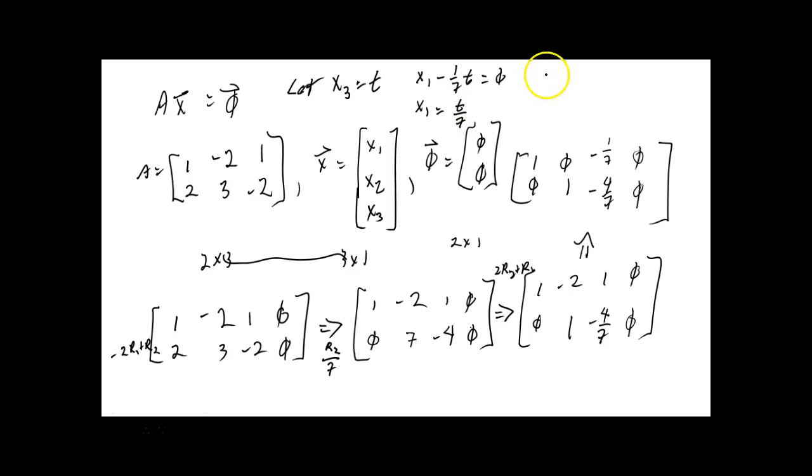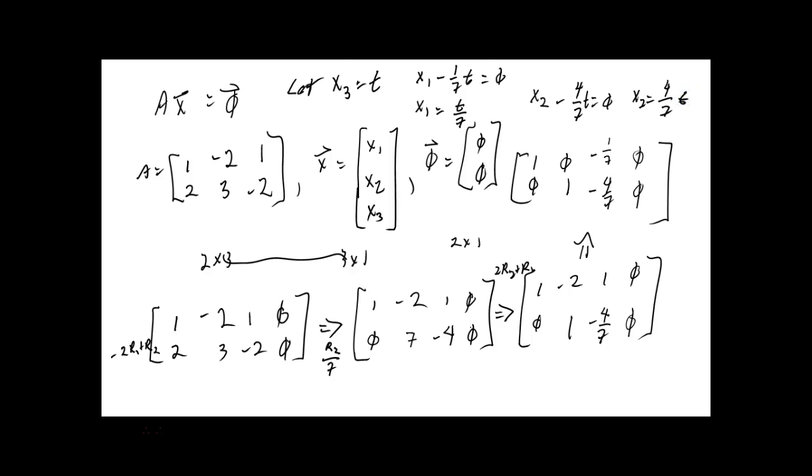The second equation says that x2 minus 4/7 t is equal to 0, so x sub 2 is equal to 4/7 t.